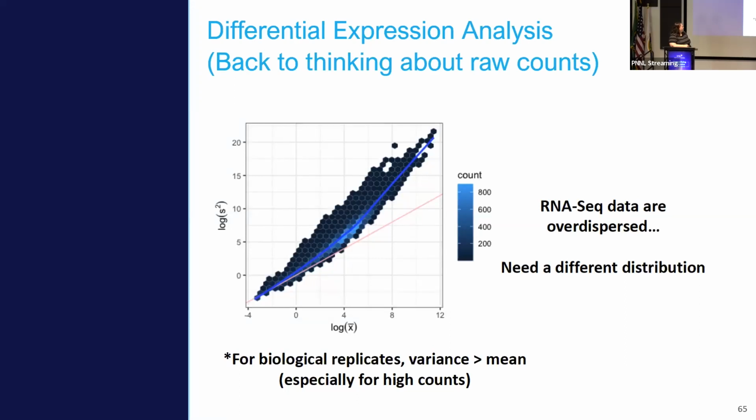The higher your counts for your transcript or your gene, the more we tend to violate this assumption. And that's pretty disconcerting, since most of the time when we run statistical analysis, the things that are higher in counts or abundances are the things we usually have the best shot at finding to be significantly different between biological replicates. And we're in a case where we clearly are violating the assumptions of the model there.